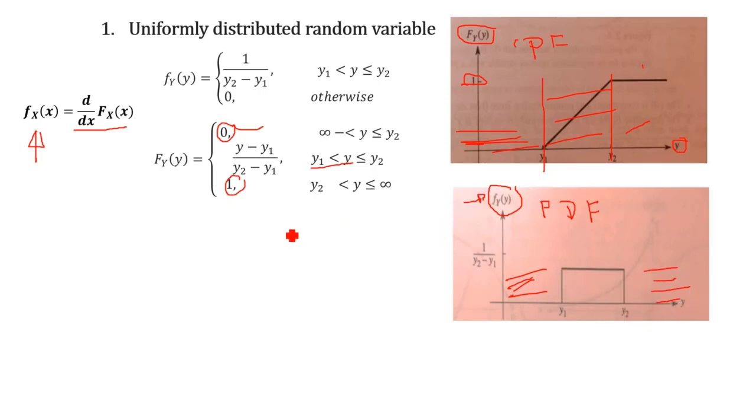All right, then what is the PDF in between y1 and y2? Let us differentiate this one. What is the differentiation of y? Here it is 1. What about all these other terms? All of these are constants, so the differentiation of this is 0. As a result we will get only 1 divided by y2 minus y1.